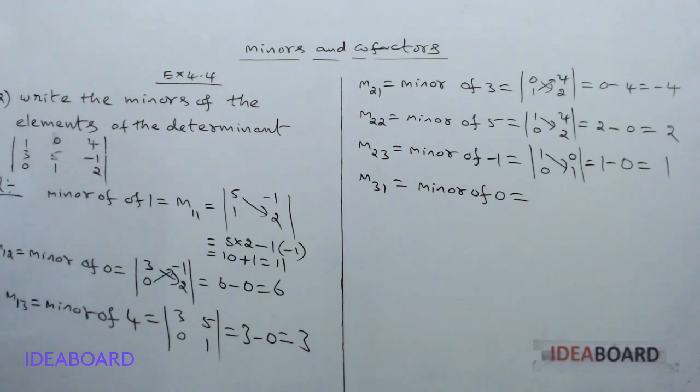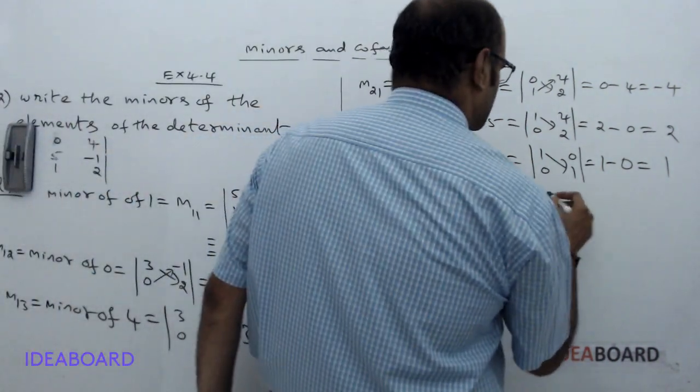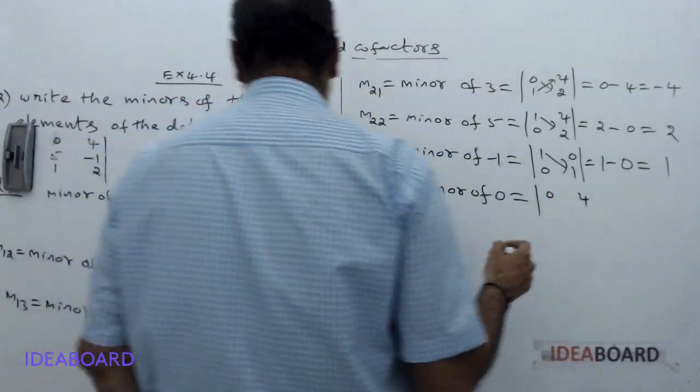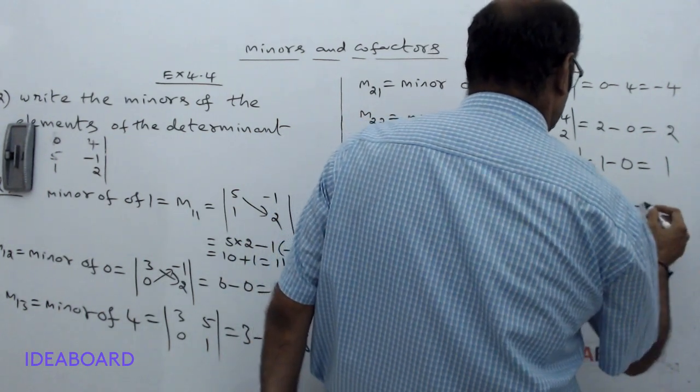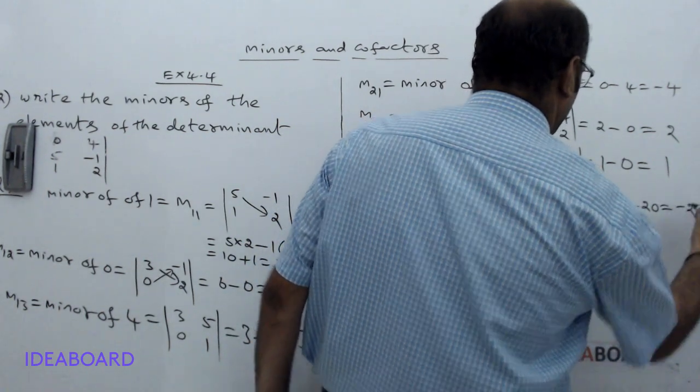The element 0 lies in the third row and the first column. So we have to close this and these two. So the remaining elements are 0, 4, 5, minus 1. Determinant of 0 4, 5 minus 1 equals 0 minus 20, equals minus 20.